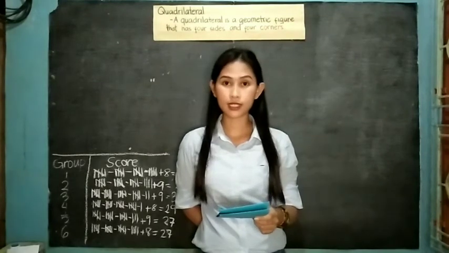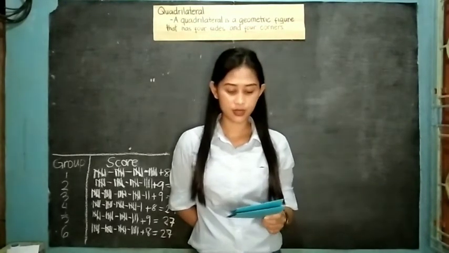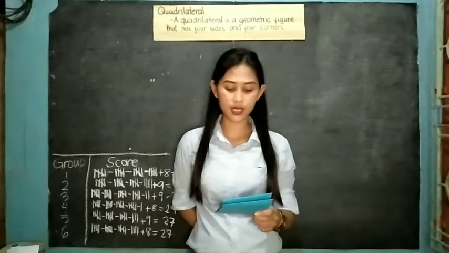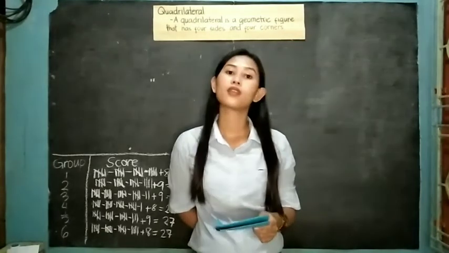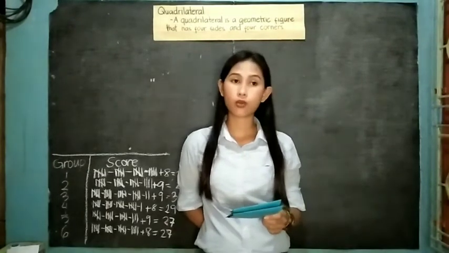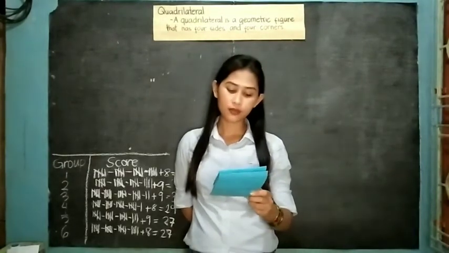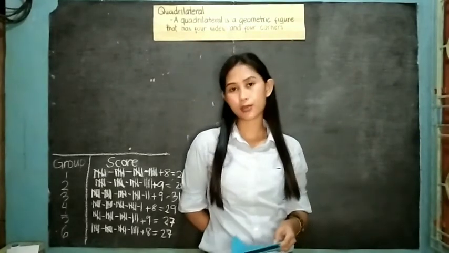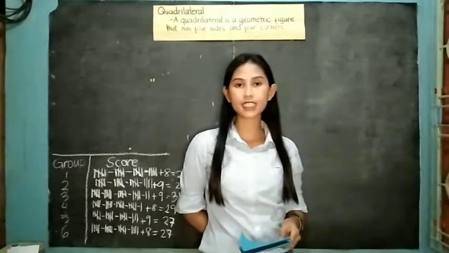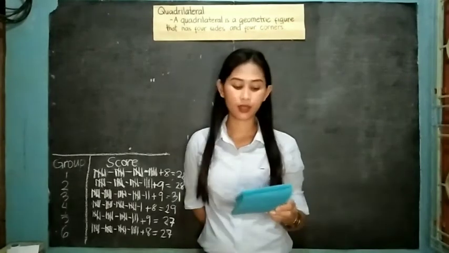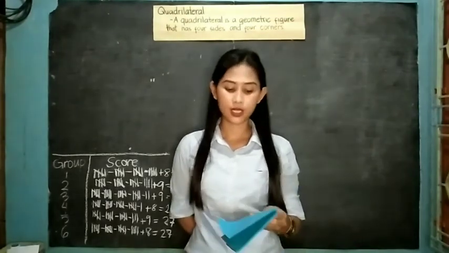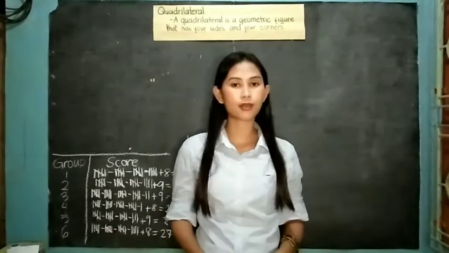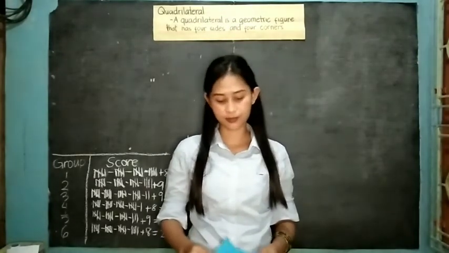Number 8. A trapezoid is a quadrilateral. Number 9. A kite is a trapezoid. Number 10. A quadrilateral is a parallelogram.